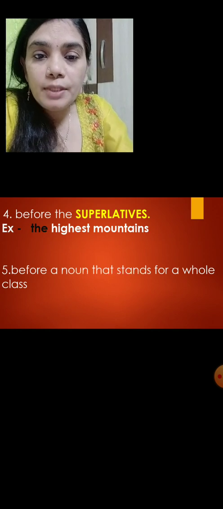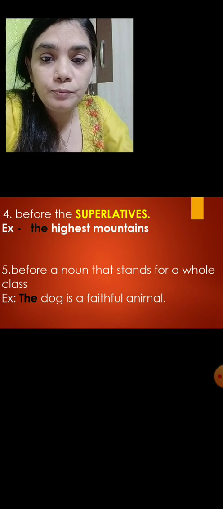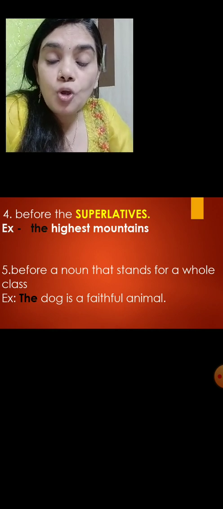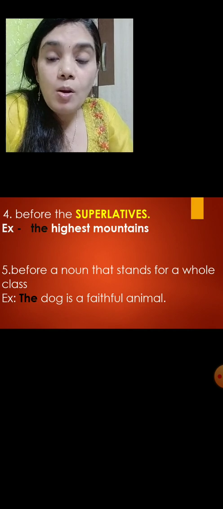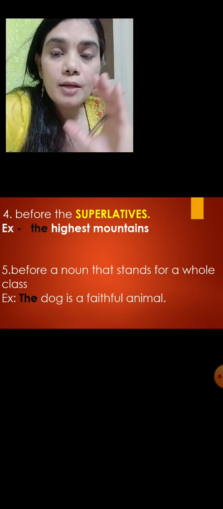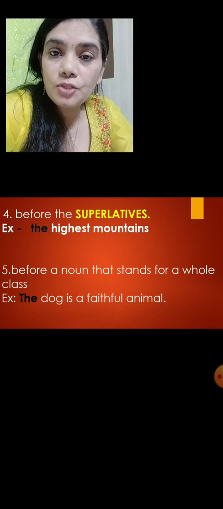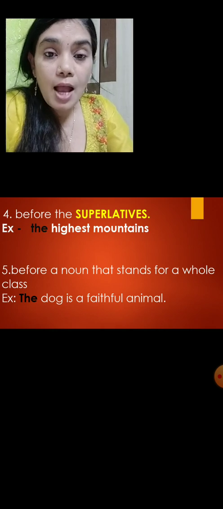And let's see the next one. Before a noun that stands for a whole class. The dog is a faithful animal. Here, the whole class means the full dog family, the entire. Wherever you can see the dog, we generally say the dog is a faithful animal.